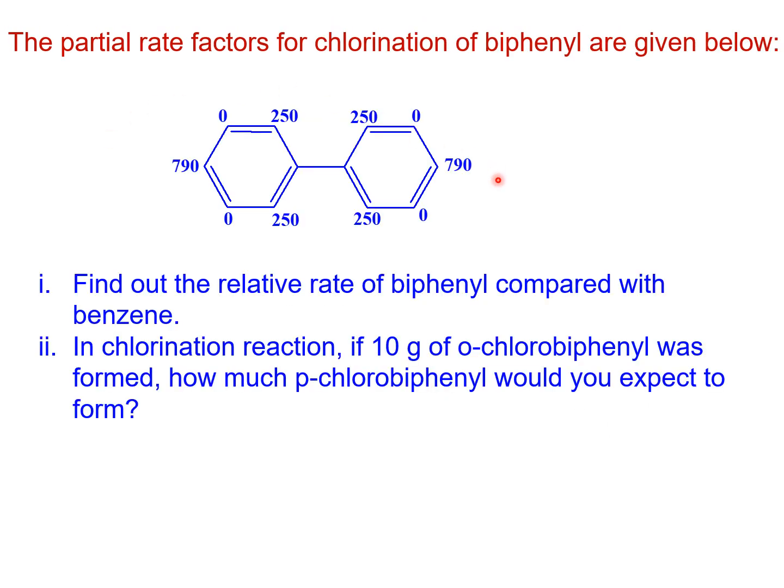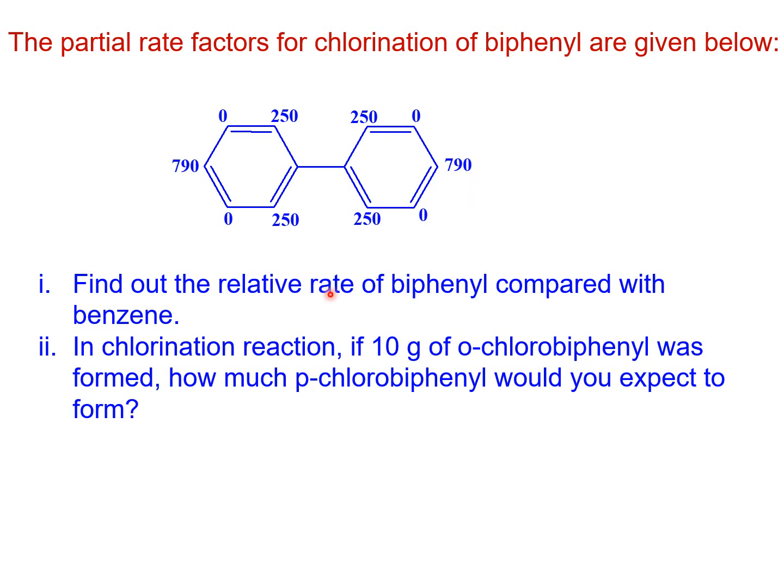On this slide, you are observing the structure of biphenyl. The partial rate factors for the chlorination reaction of biphenyl are given. Please note that in biphenyl, you have 4 ortho positions which are equivalent, 4 meta positions which are equivalent, and 2 para positions which are equivalent.